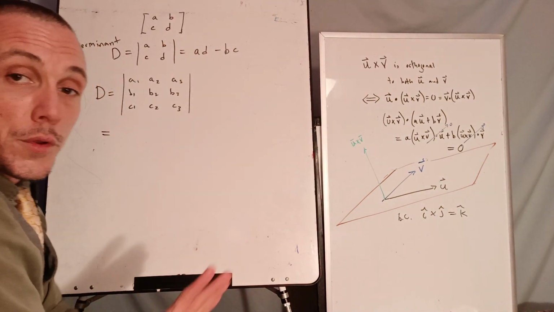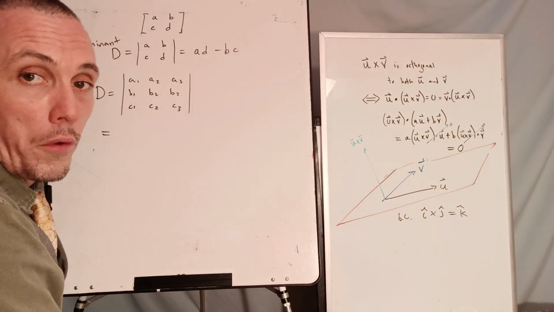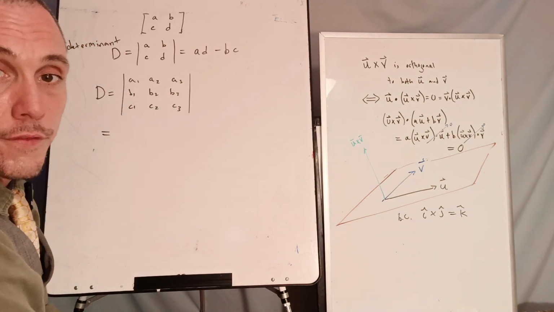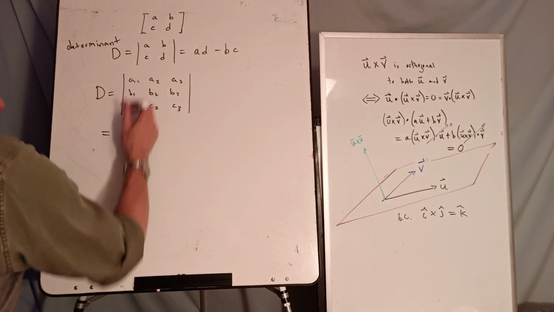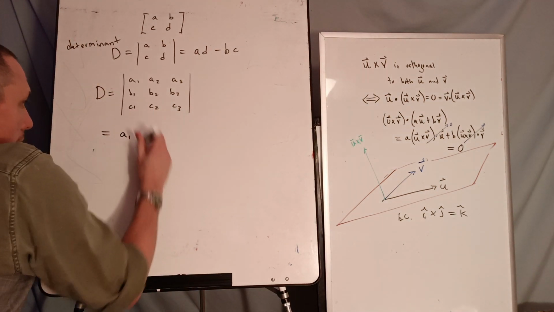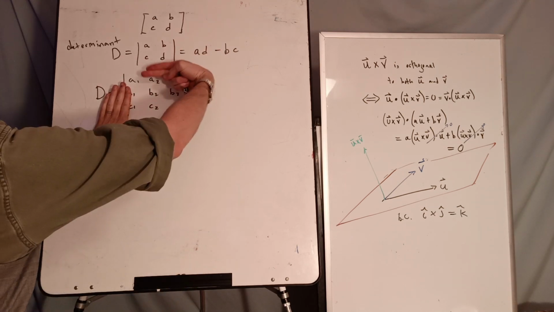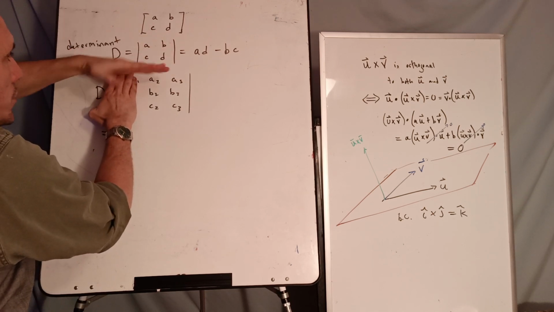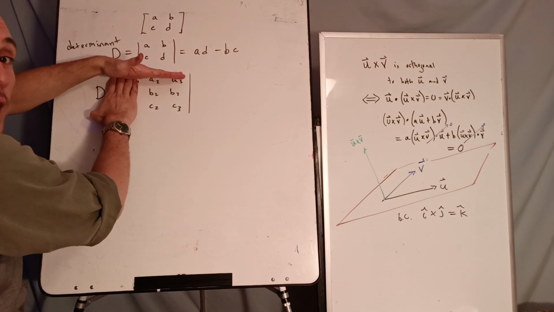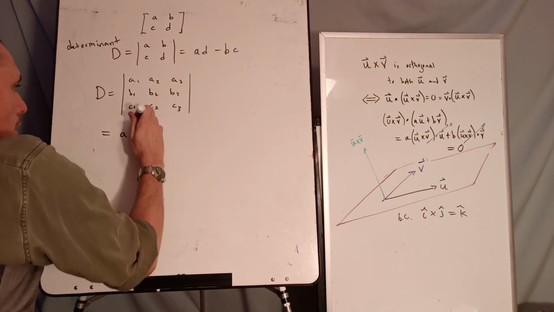But the one that's going to be most useful here is called Laplace's expansion, or the expansion by minors of the determinant. What you do is you take one of the top row values, A1, and you multiply it by a determinant if you covered up the row and column that pertain to that. So if we did A1, we'd get rid of the first row, first column, and now we have a submatrix, a 2 by 2 matrix, and we would look at its determinant.